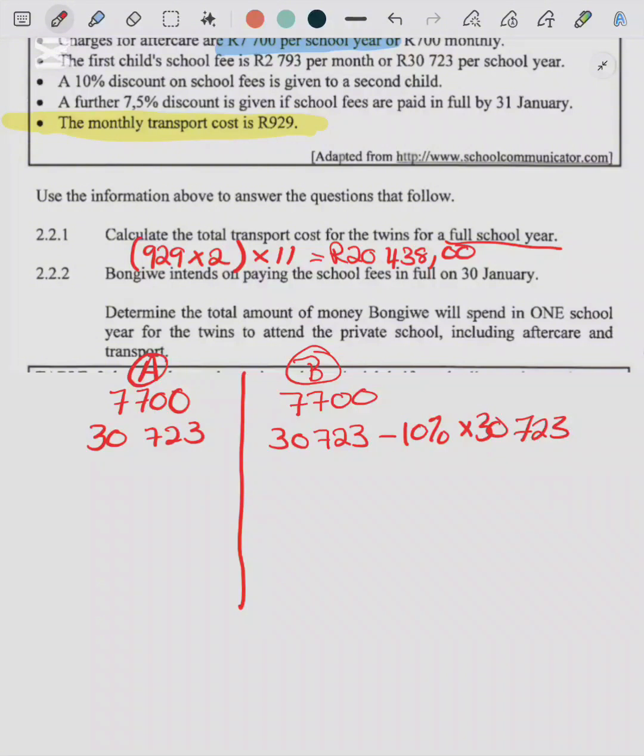And notice that is given to the second child. It's not given to both of them because there's 2 children. Then we're also told a further 7.5% discount is given if school fees are paid by the 31st of January. Now, that is a discount that is given to both children. So that tells us that that discount is actually going to come on later, once we have our total of everything she needs to pay.